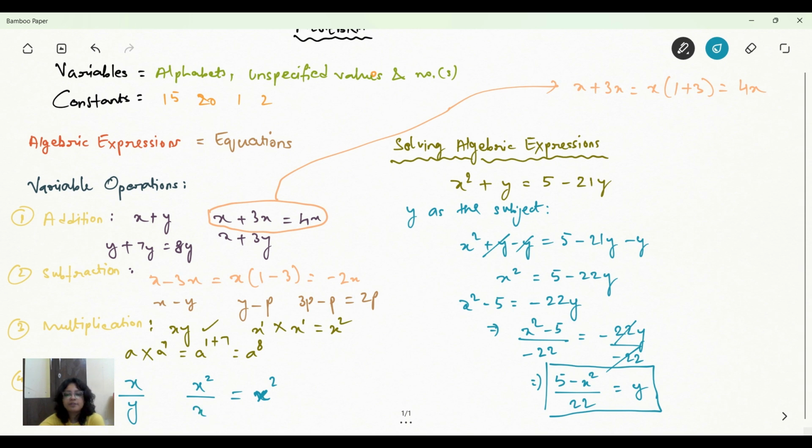Whatever variable is present in the denominator, the power of that variable gets subtracted from the one present in the numerator. And this gives you x. Clear? I hope this much is clear to you.